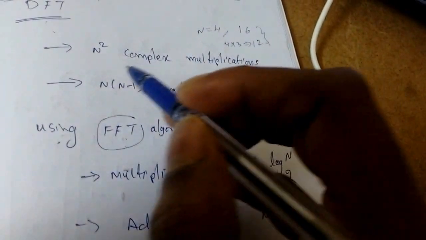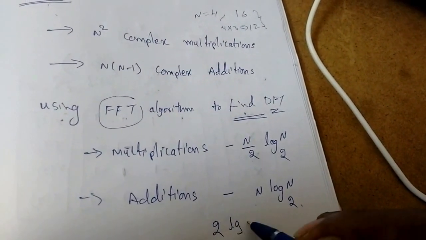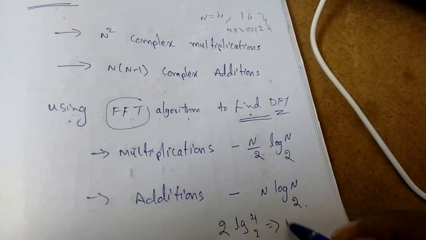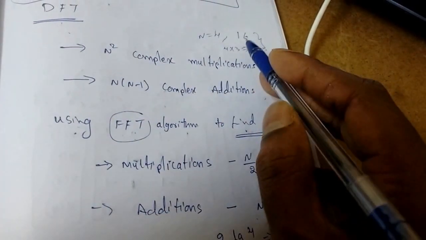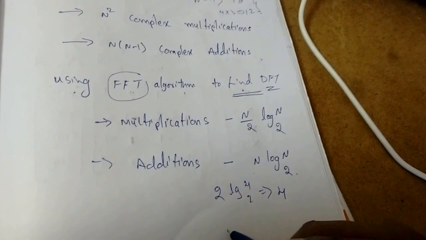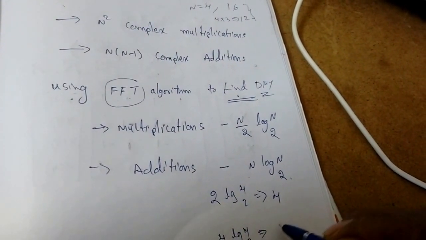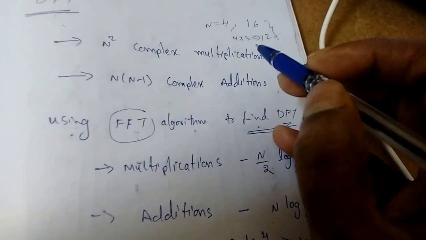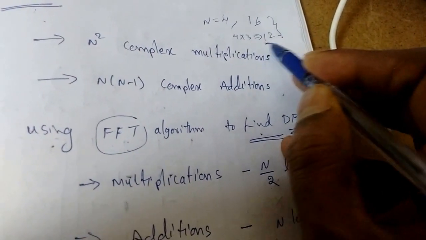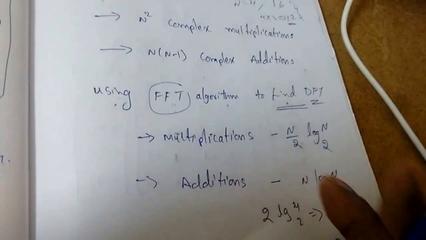Suppose I use 4 by 2 log 4 base 2: only 4 multiplications are required in the FFT algorithm, but here we are using 16 multiplications. Similarly additions 4 log 4 base 2, so it is 4 into 2, that is 8 additions, but in the direct method 12 additions are required. So the number of multiplications and additions is reduced by using the FFT algorithm.